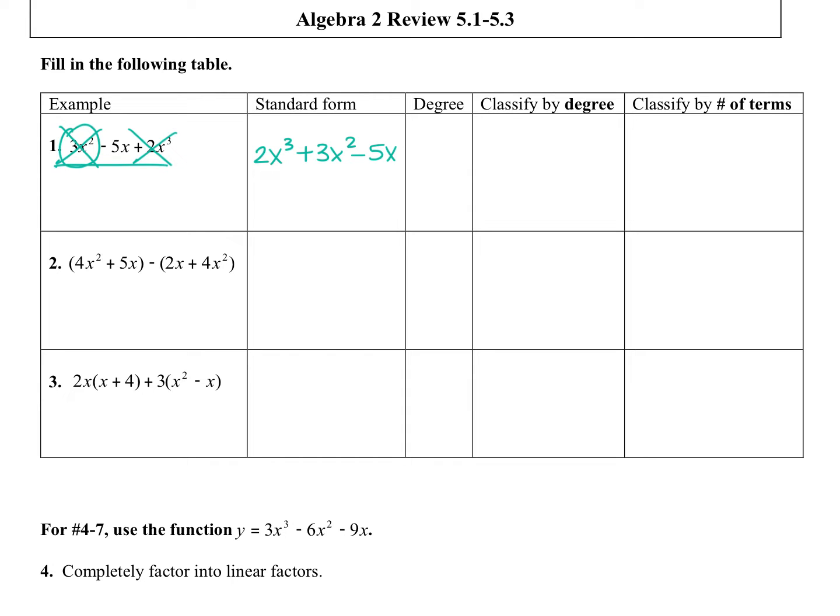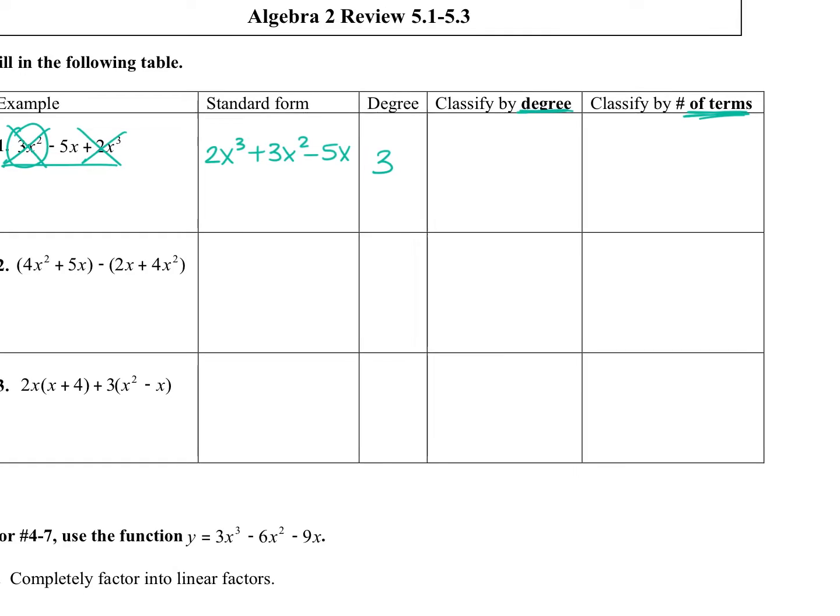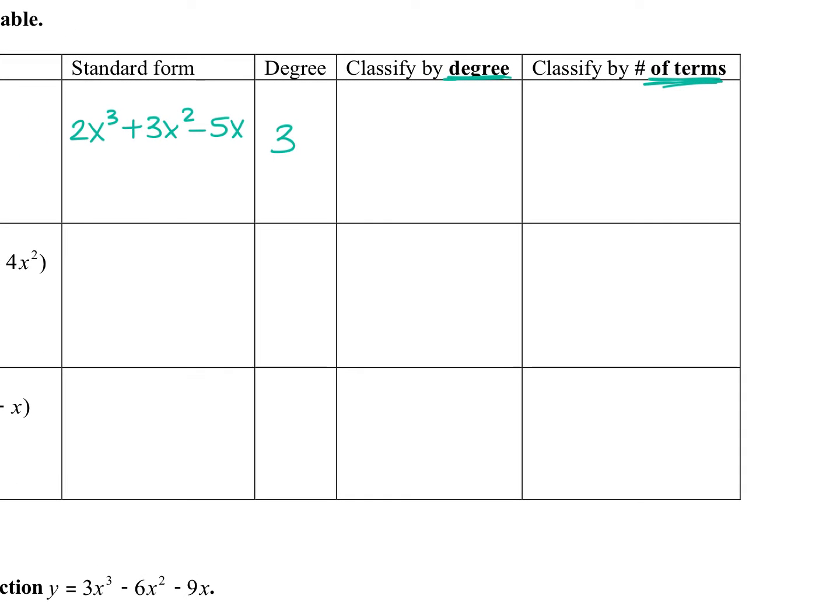What is the degree of that polynomial? It's 3. It's always your biggest one, okay? Don't add them together. It is not 6. It is 3. It's your biggest exponent. So that's a degree of 3. If we're going to classify it by degree and by number of terms, by degree, a degree of 3 is called a what?